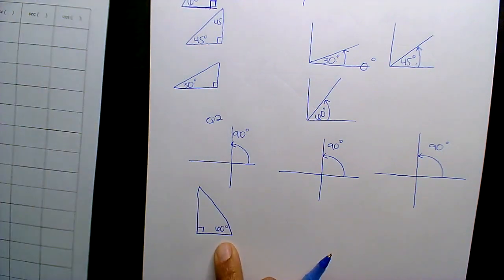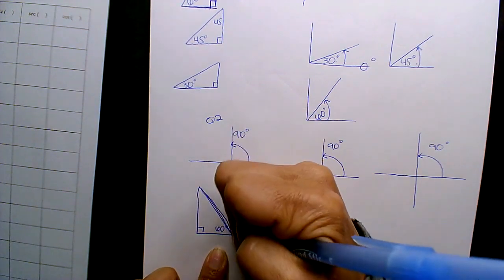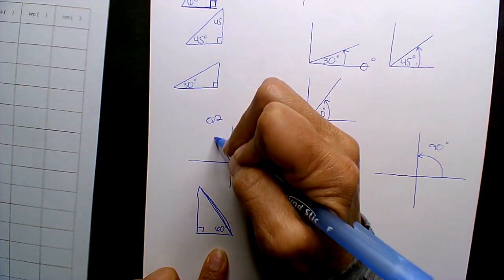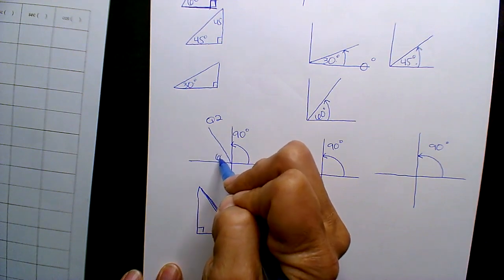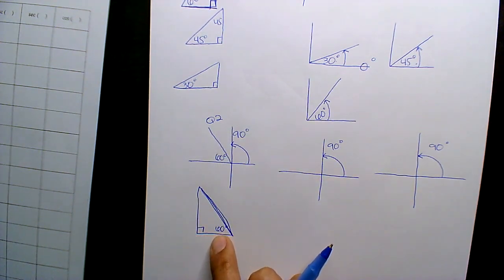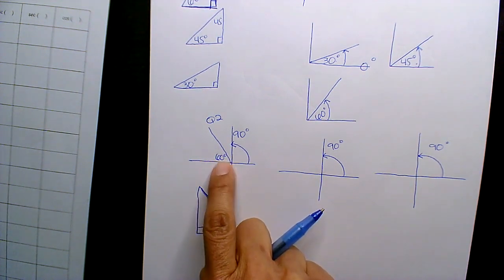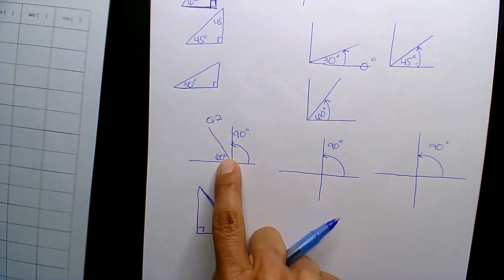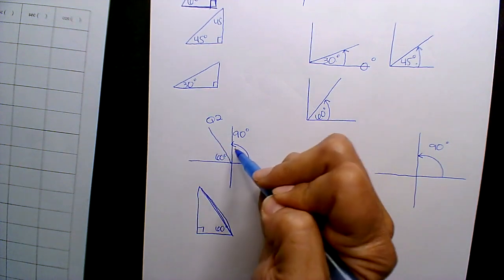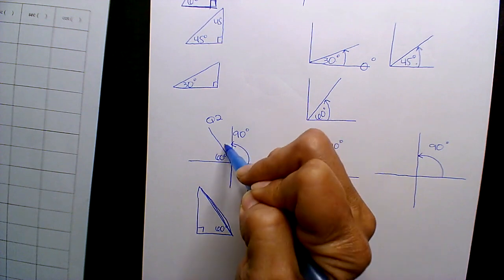Okay, there's my 60, 30, 90, right? So now if I draw just this hypotenuse terminal side, if I shoot it off, this is my 60, because that's my initial. This is my leg, here's the terminal. If this is 60, what angle is this? 30.